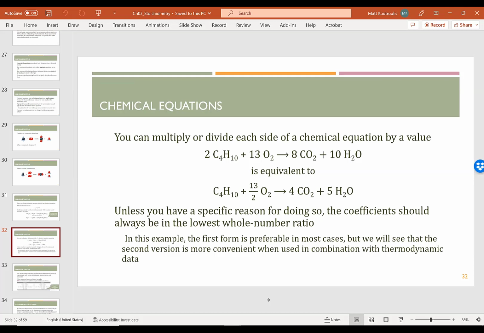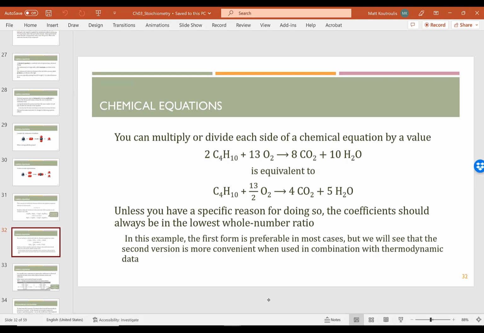Now, if I want, though, I could divide everything by 2. And that would give me this balanced equation here. The only issue is that it introduces a fraction into the problem. I only make mention of this because later on, when we get into thermodynamics and ask how much energy this produces, for a lot of chemicals the amount of energy given off when something burns is expressed per mole.